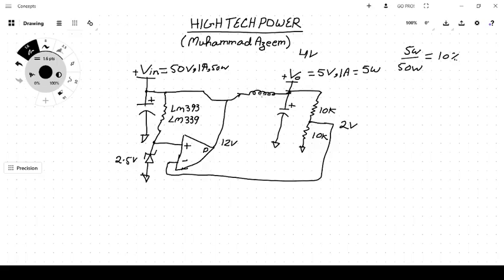The property of the inductor is that if there is a DC voltage passing through the inductor, then there would be no resistance to that path, and it will supply the whole input voltage and current to the output side.